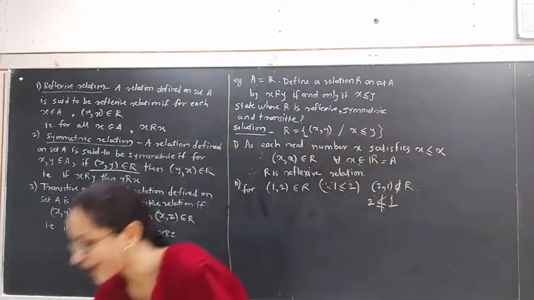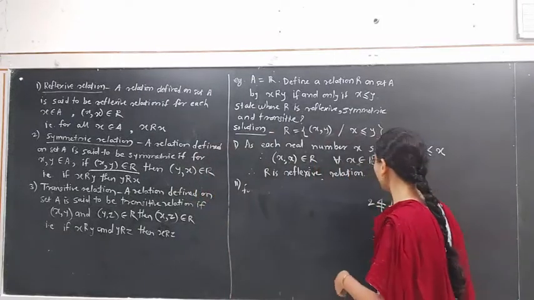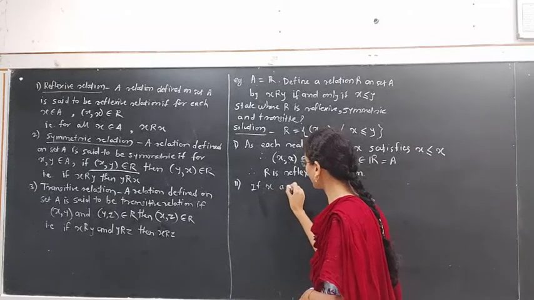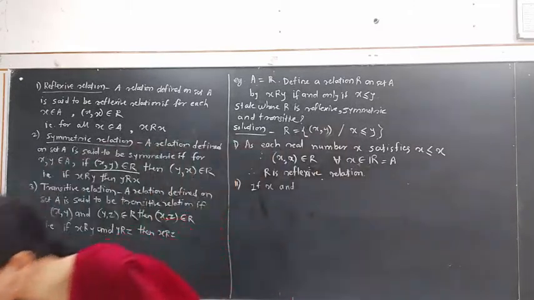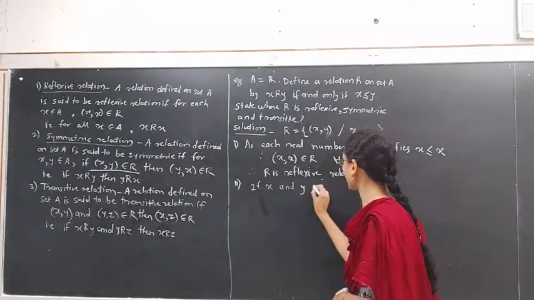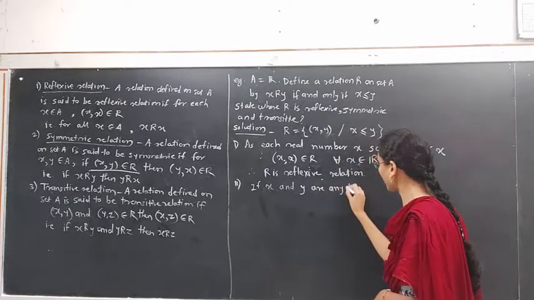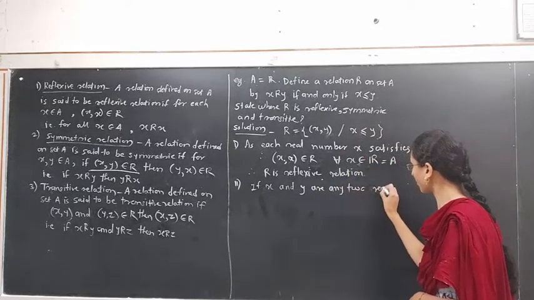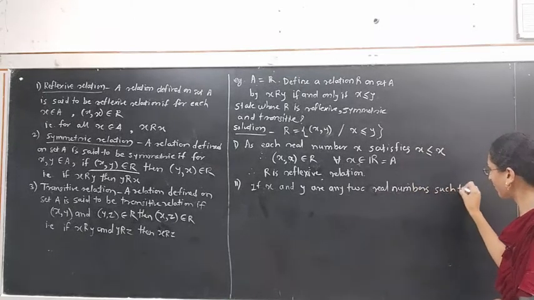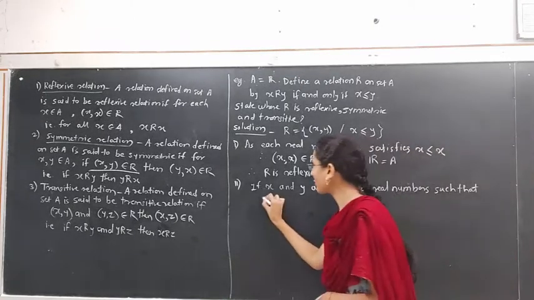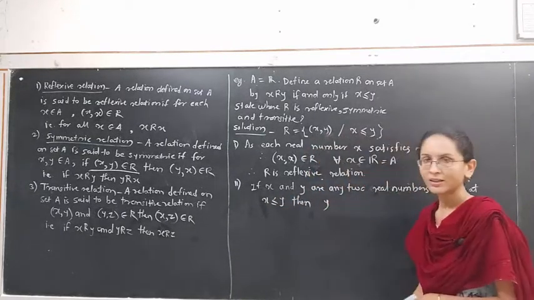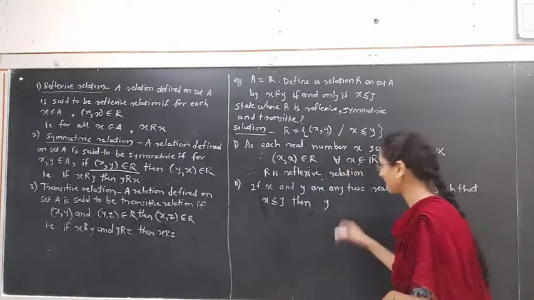In general, we write this as: if x and y are any two real numbers such that x is less than or equal to y, then y need not be less than or equal to x.